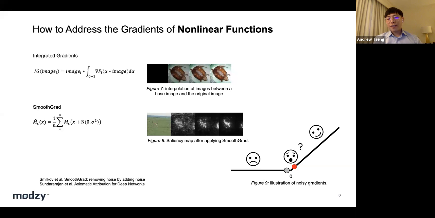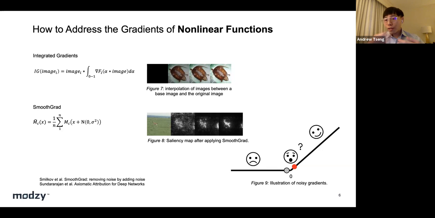The problem is that if you have the same image, but a brighter version, just like a brighter terrapin image, then this gray point would be slightly pushed towards the right-hand side to the red dot. So what happens here is that before, the slope is 0 at the gray point, now suddenly the slope is 1.